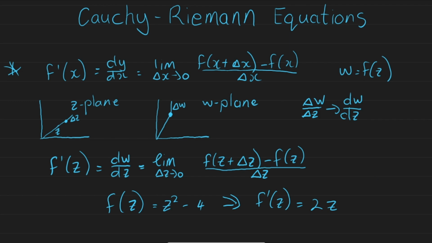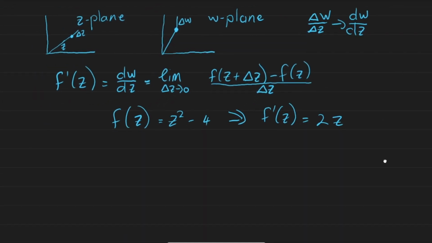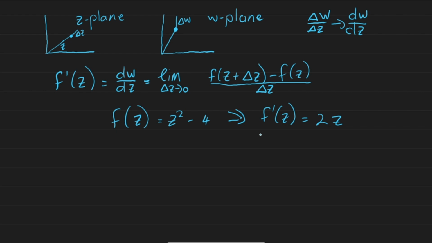If f prime z exists, that's all well and good. Then the other question is, does f prime z have a unique value? In other words, is there only one derivative f prime z? So there are two things we need to ask ourselves. The first one is, does f prime z exist?